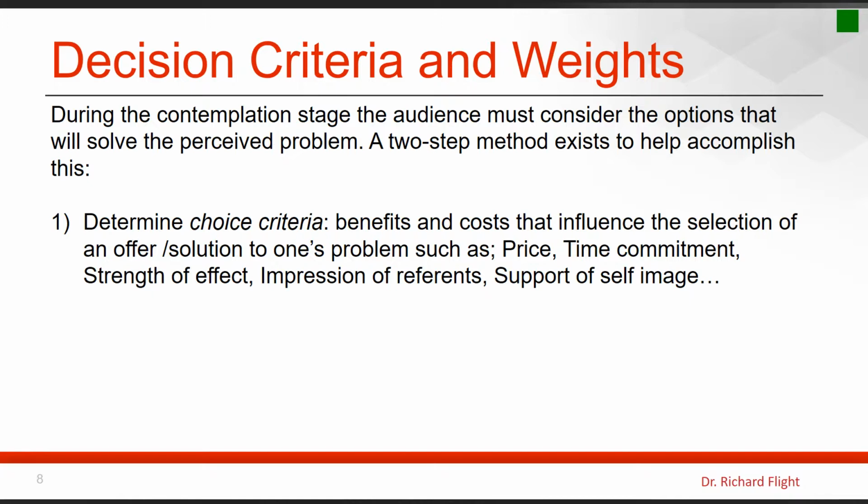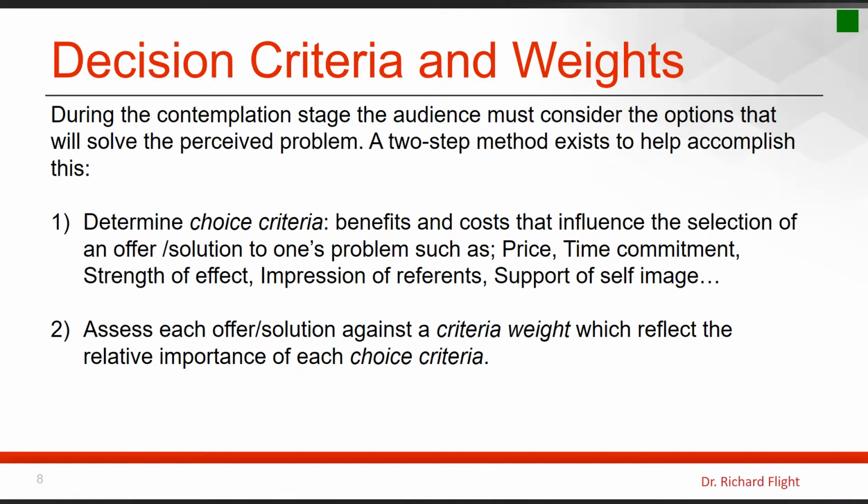So we need to decide what criteria are important to us as a decision maker, and then the second part is to assign what we call a criteria weight, because in most cases, price may be more important than, say, impression of others.